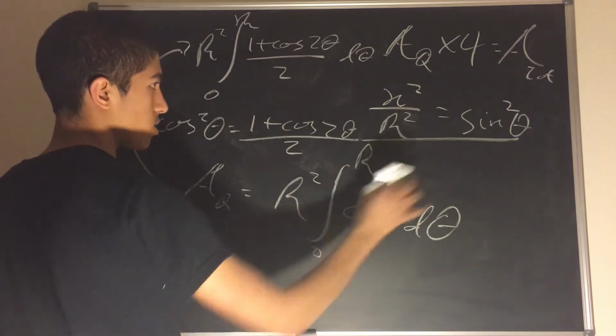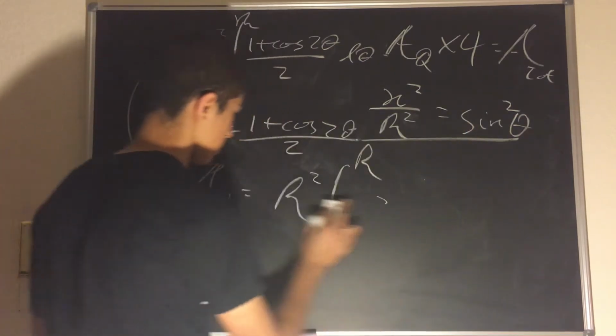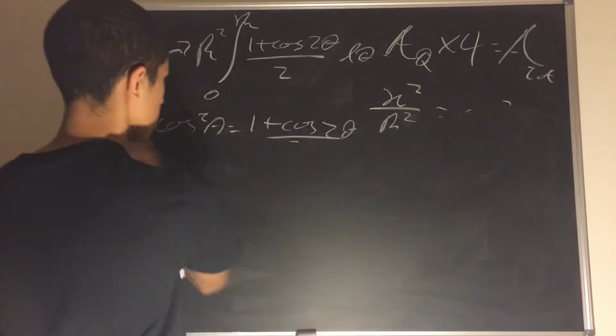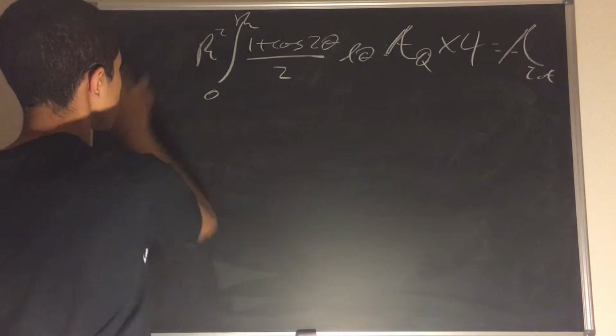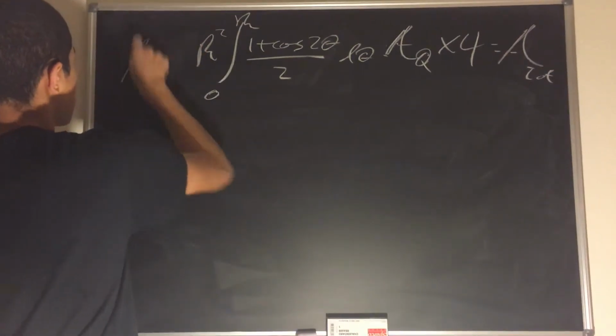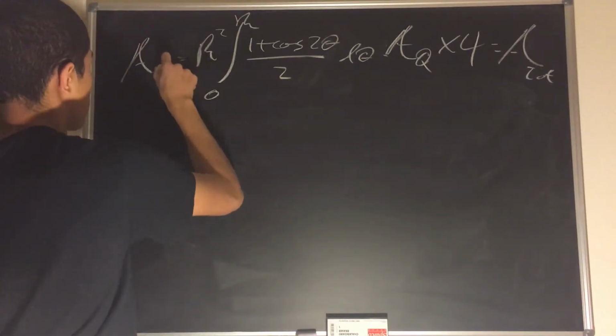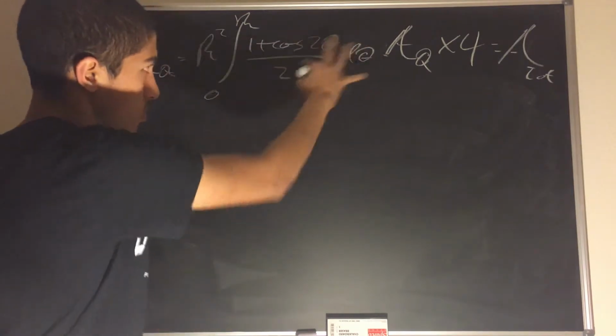So now let's erase all of this here to free up some space. Area of quadrant is equal to that.